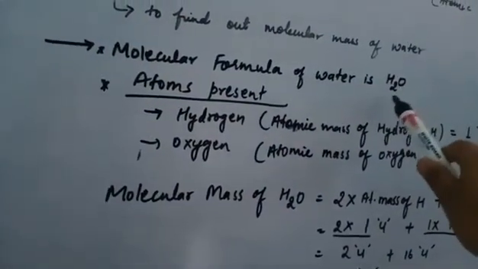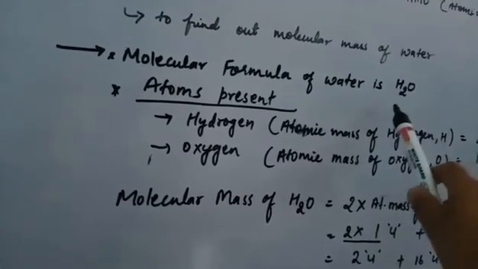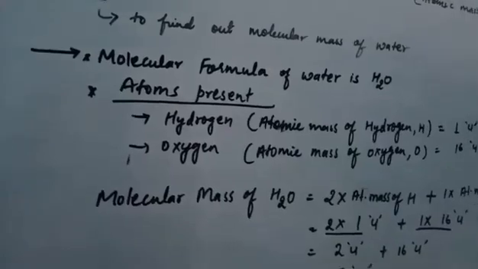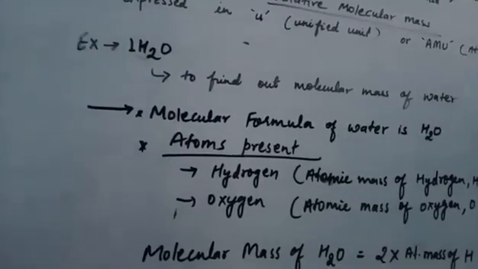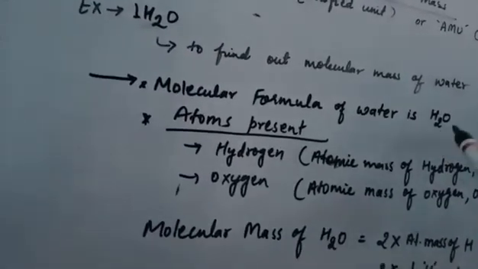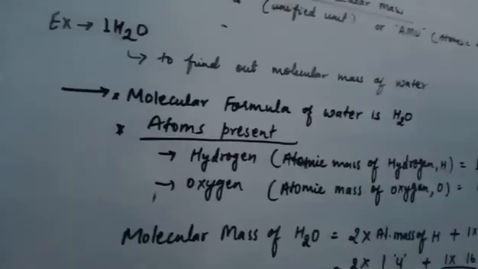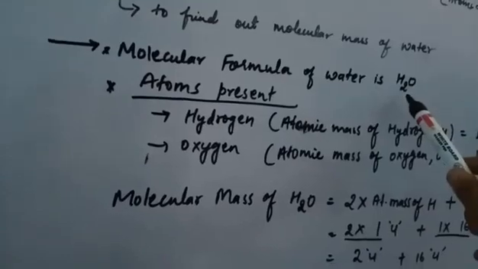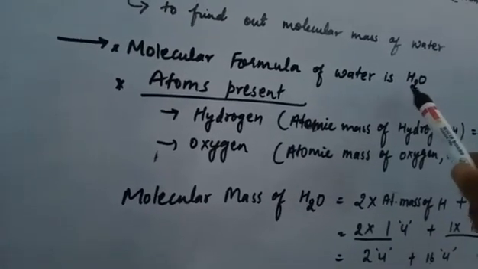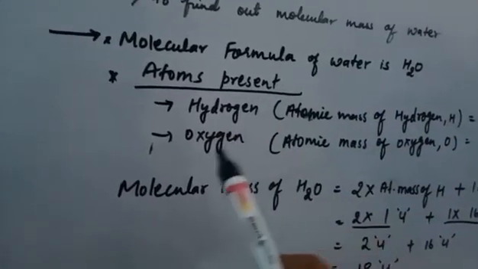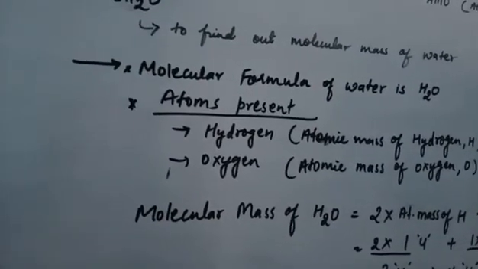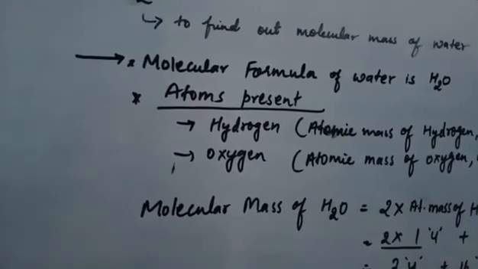Now we will write the types of atoms present in the water molecule. As per the molecular formula of water, the atoms present are hydrogen and oxygen.